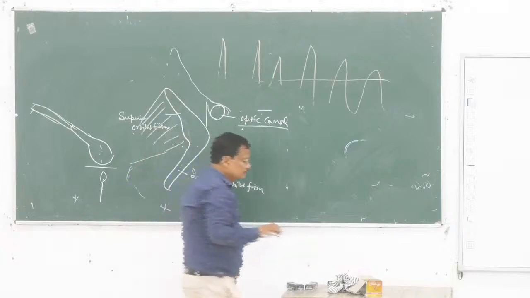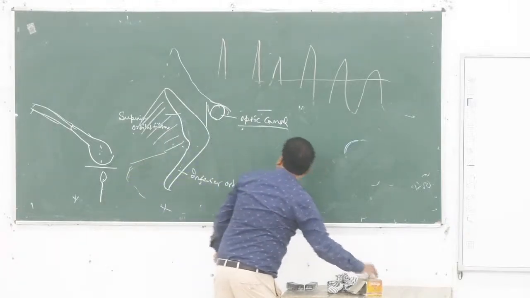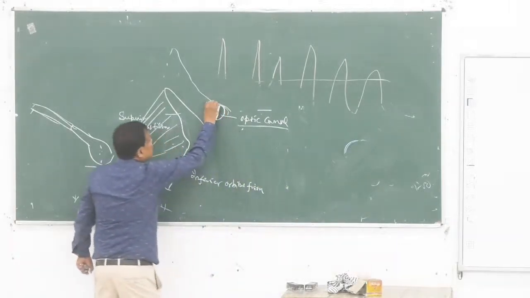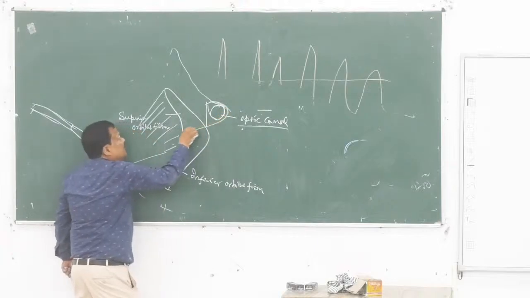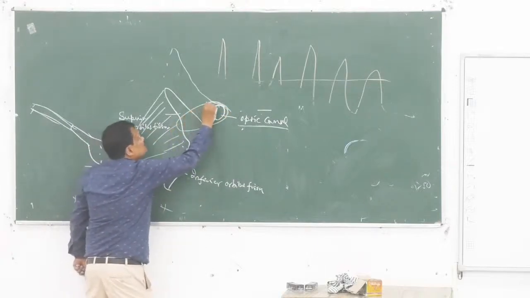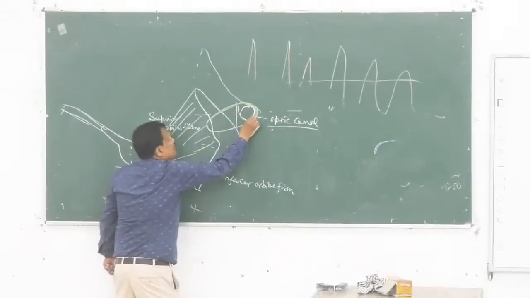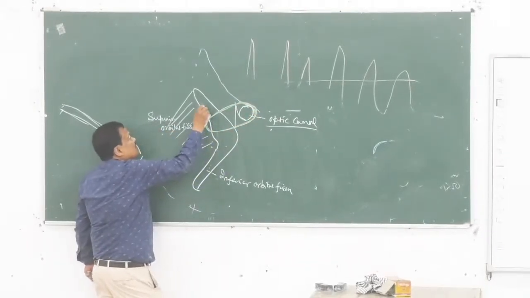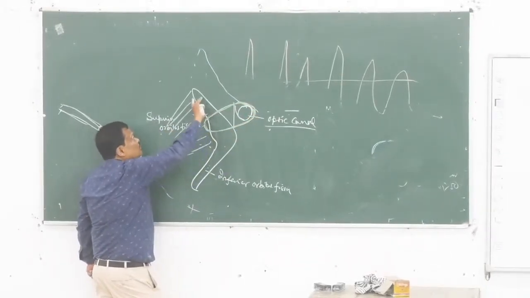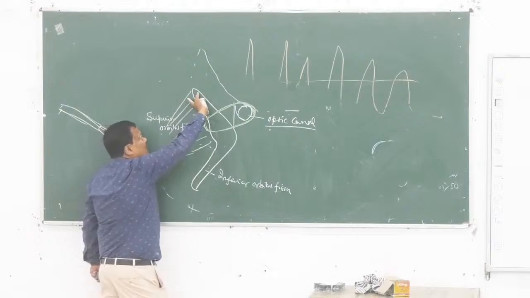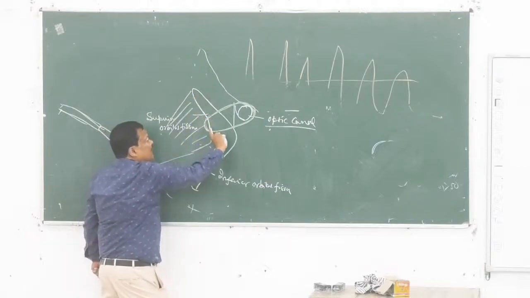What does it do? It covers the optic canal and the middle part of the superior orbital fissure, and due to this the superior orbital fissure has an upper part and a lower part.